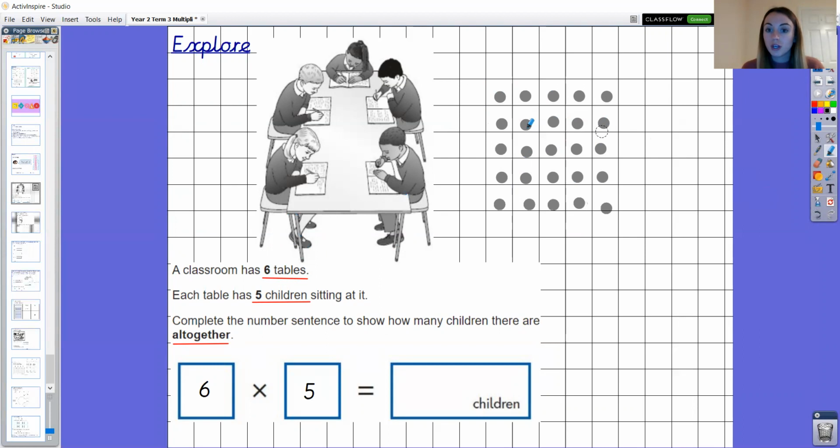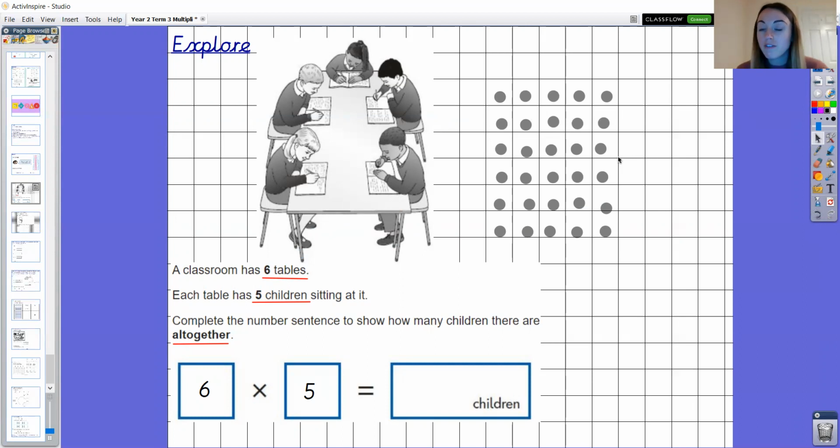We have 5 tables. So we need another row to show 1 more table to have 6 all together. Brilliant. So we have 6 rows of 5 showing 6 tables with 5 children sitting at each table.